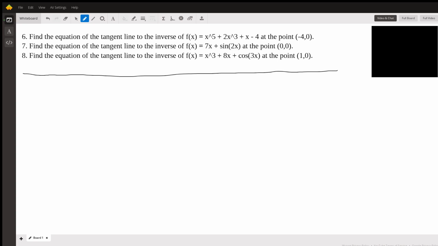And so here we go. So there's a theorem from calculus. I'm going to give it to you here.